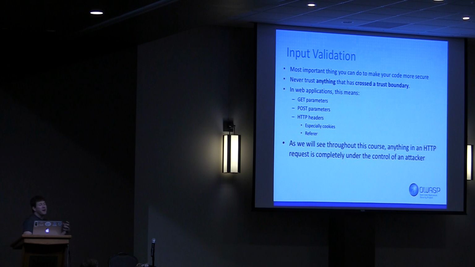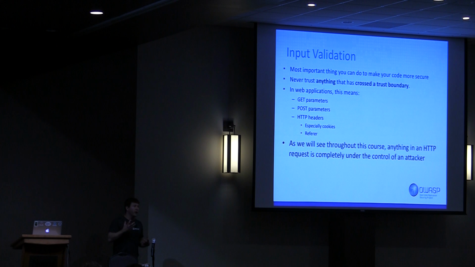So you never want to trust anything that crosses a trust boundary. And again, this input validation discussion is not specific to cross-site scripting. For cross-site scripting, and just in general, input validation is good. But you never want to trust anything that has crossed a trust boundary. So in a web application, that means basically everything in the HTTP request, you have to assume is under the control of bad guys.